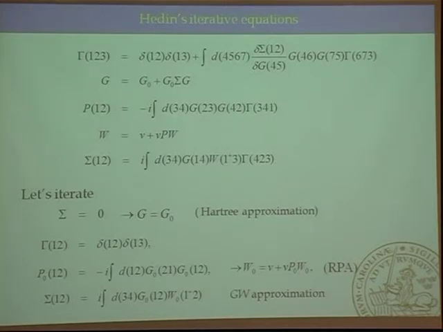Now one could continue, go back here, and now we have a self-energy, and take the functional derivative with respect to the Green's function, so that will give us vertex corrections. Then put the vertex here. It will give new polarizations and new screened interactions, and then we get a new self-energy, and so on.